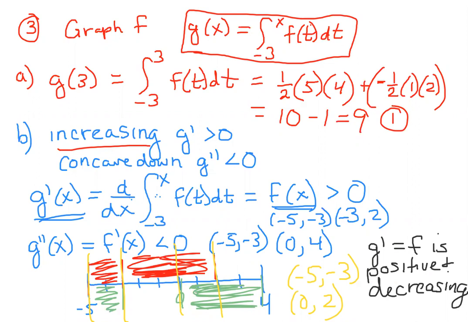All right, let's look at part C. Now we have a new function. The function h is g of x over 5x, and we need to find h prime of 3. In order to find h prime of 3, we have to find h prime of x.